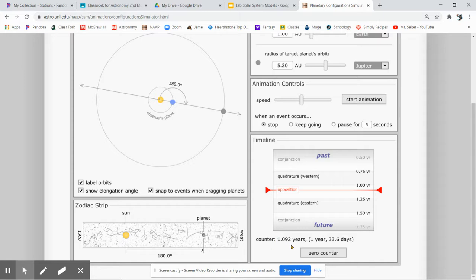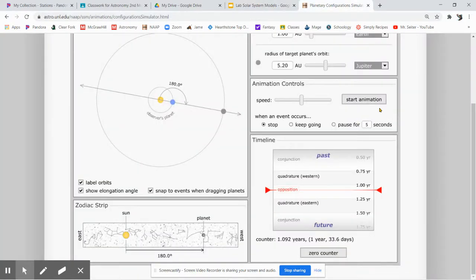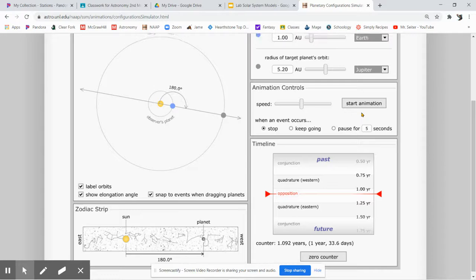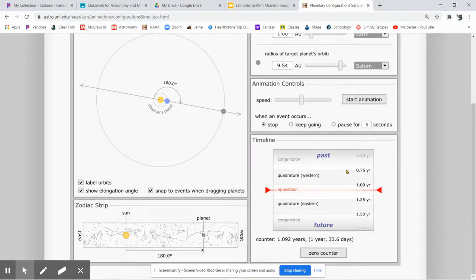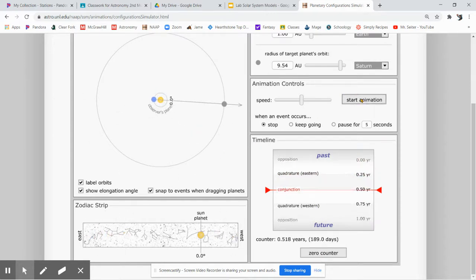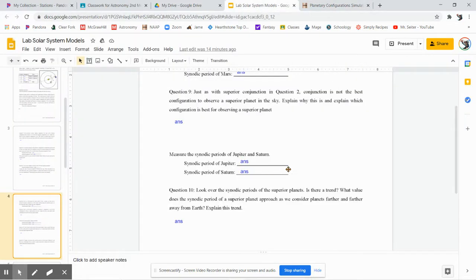It's back in opposition in a year. 1 point. So that would be Jupiter. Let's check out Saturn. Saturn, where are you? And we're already in opposition. Zero that counter. 1.035 years. Okay. We're going to write that down here.